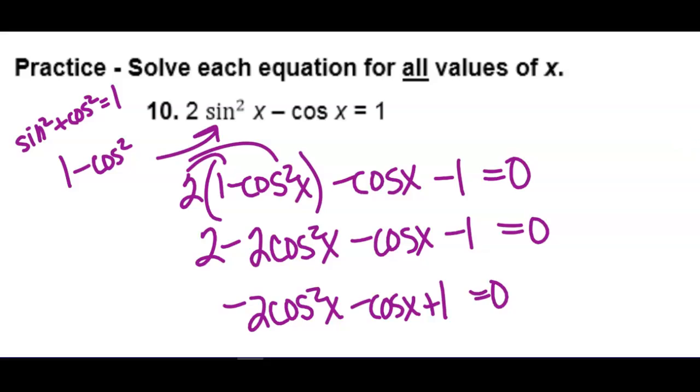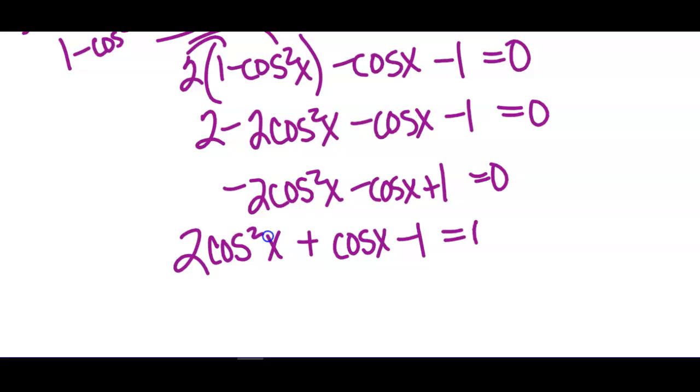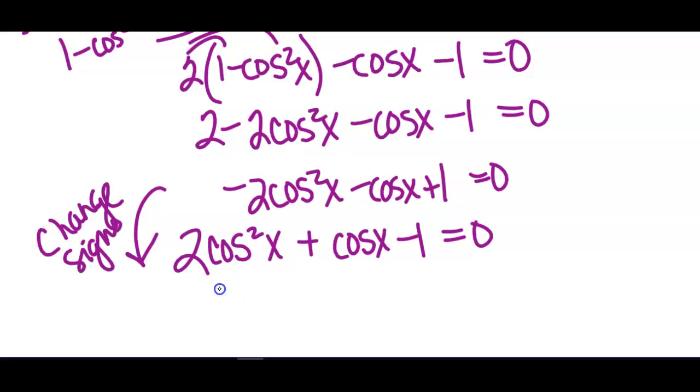but I'm going to change all the signs, because I don't like factoring when there's a negative a. All right, so then I have 2 cosine of x.